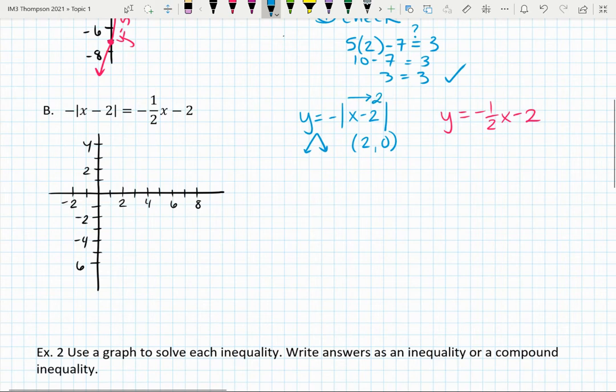Beautiful. Yeah, so because in the absolute value I have x minus 2, I know that that moves to the right 2 when I look at transformations. And then because I'm adding or subtracting nothing on the outside of the absolute value, I don't have a vertical shift. Beautiful. So 2, 0, I have a point. Boom.